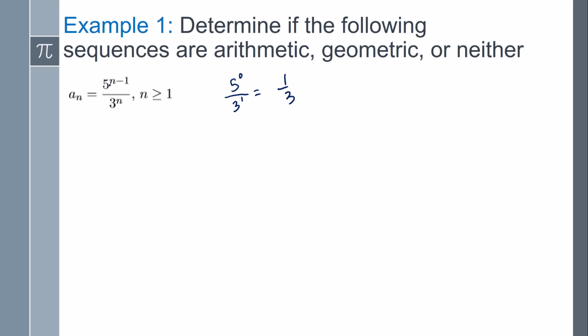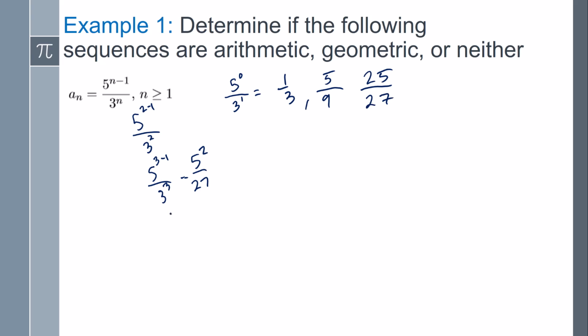If I plug in 2, 5 to the 2 minus 1 over 3 squared, that's going to give me 5 over 9. If I plug in 3, I get 5 to the 3 minus 1 over 3 cubed. That's 5 squared over 27, which is 25 over 27.